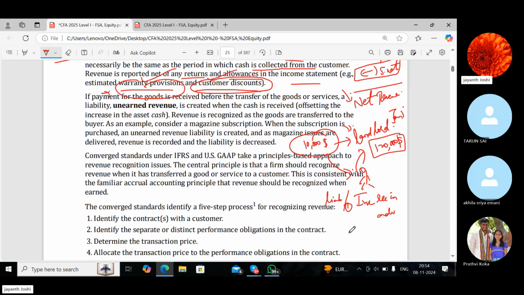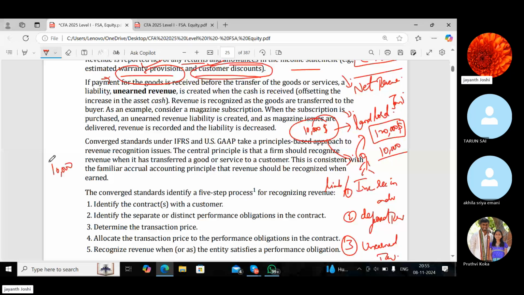Why so? Because the landlord has an obligation towards the tenant, which is to provide the rental service. The rental service for the first month will end on Jan 31st. On that day, the landlord can deduct $10,000 from $120,000 and recognize $10,000 as revenue, or income earned, or rent received.